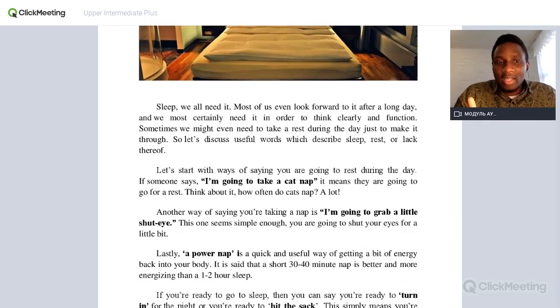If someone says, I'm going to take a cat nap, it doesn't mean anything that has to do with a cat. It just means that you're going to go for a rest. But the reason why we're using cat is because cats, they sleep a lot. So when you think about it, it says, how often do cats nap? A lot.